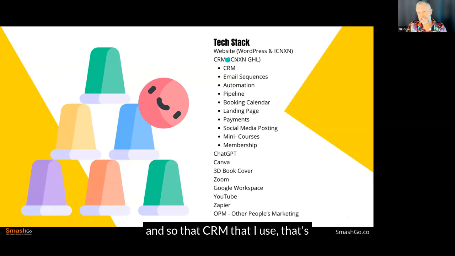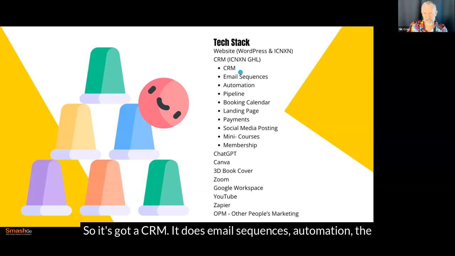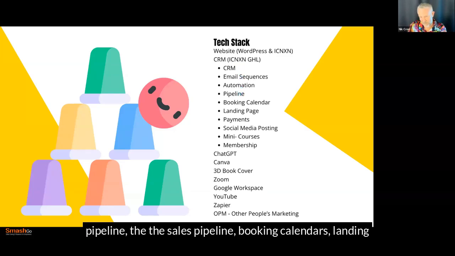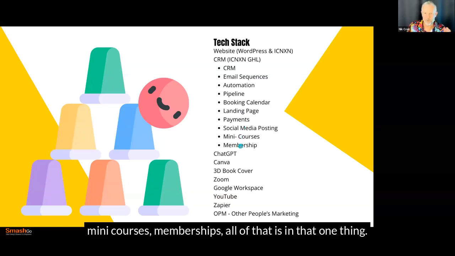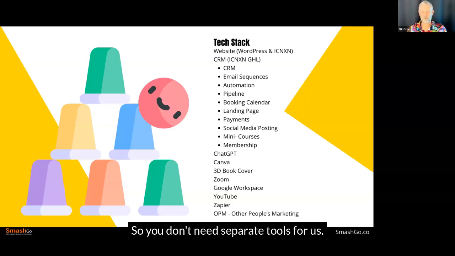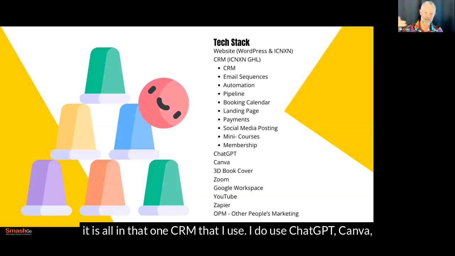And so that CRM that I use has got the majority of my tech in it. So it's got a CRM, it does email sequences, automation, the sales pipeline, booking calendars, landing pages, payment gateways, social media posting from in there, mini courses, memberships, all of that is in that one thing. So you don't need separate tools for it.